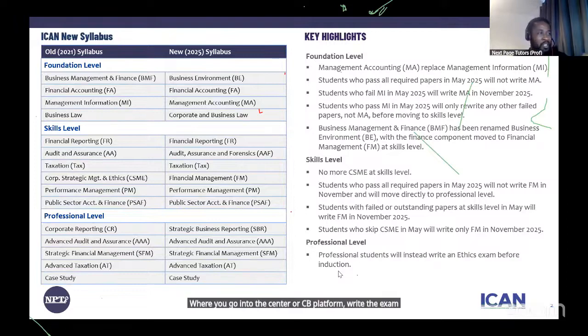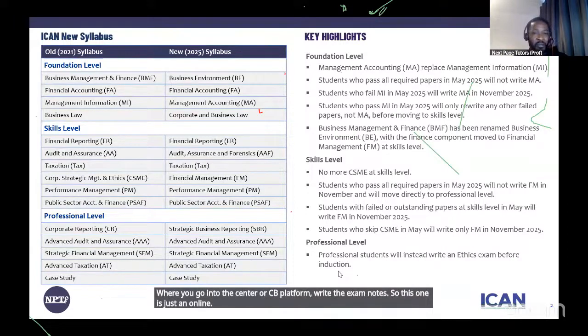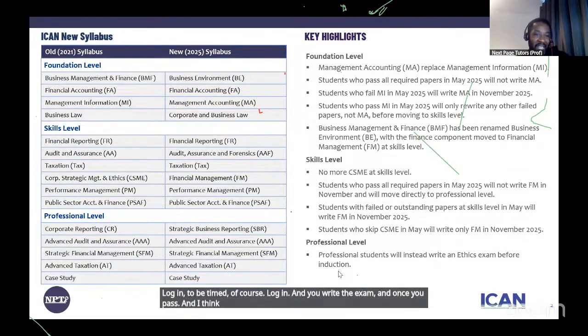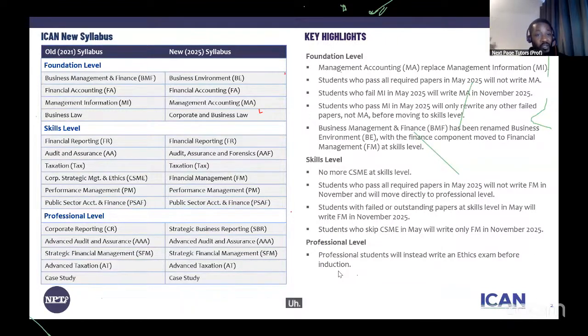No, this one is just an online login. It will be timed, of course. You log in and you write the exam, and I think it's even made light such that if you miss it, you can still try it again after some time, until they release the guide, anyways. But I'm just speaking with what we have, because ACCA have a similar model.